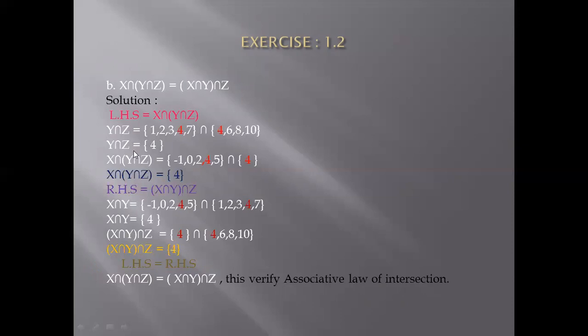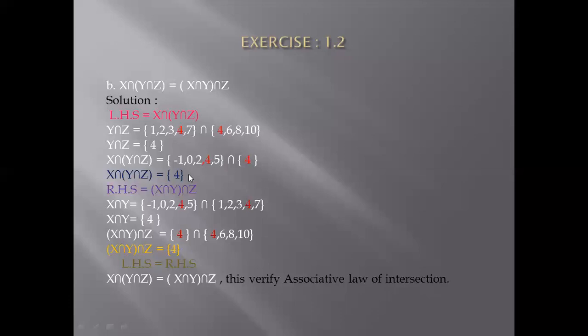Now we take the intersection of Y and Z with X. Minus 1, 0, 2, 4, 5, intersection 4. So definitely the answer will be 4 because only 4 is common.